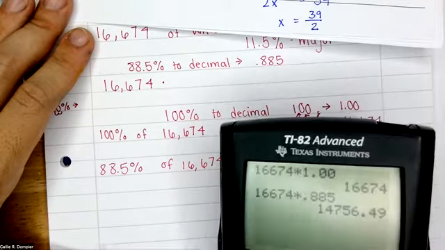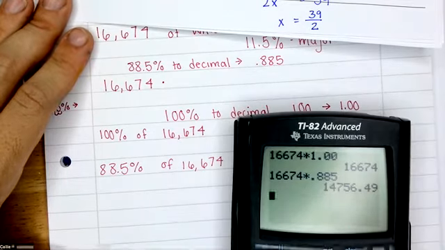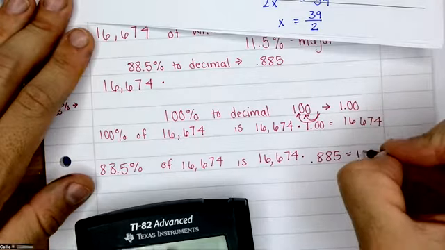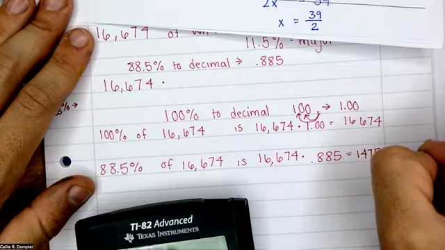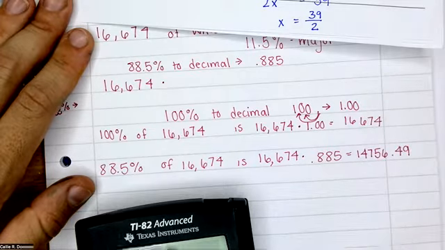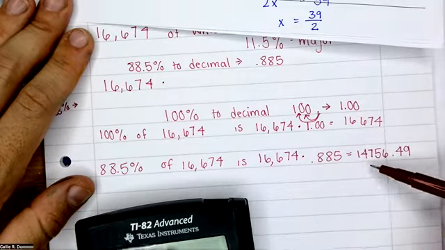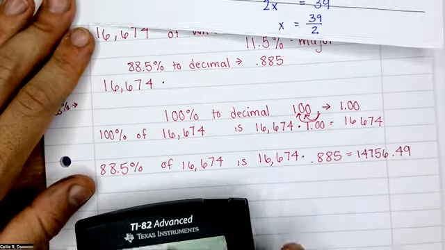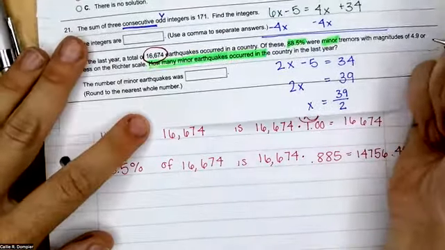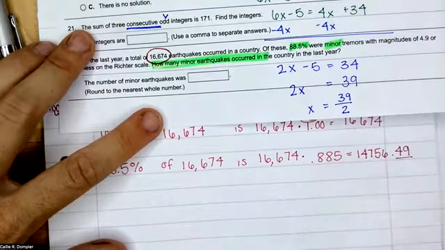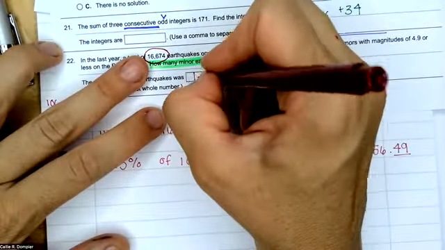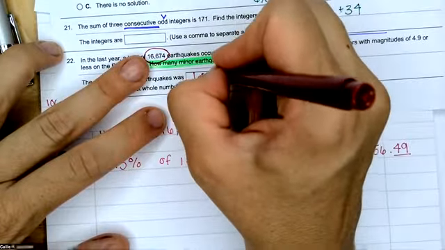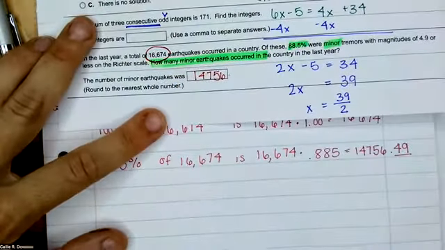That gives 14,756.49. Does that look like 80% of that number? Yes, it does. The number of minor earthquakes, rounded to the nearest whole number, is 14,756. You round down, but don't worry, it's multiple choice. 14,756 minor earthquakes.